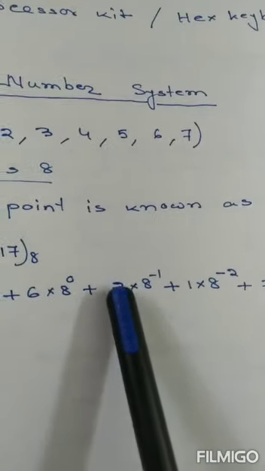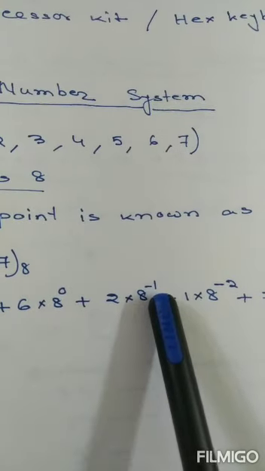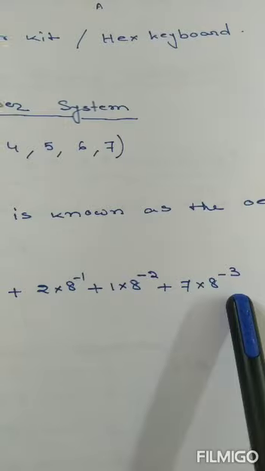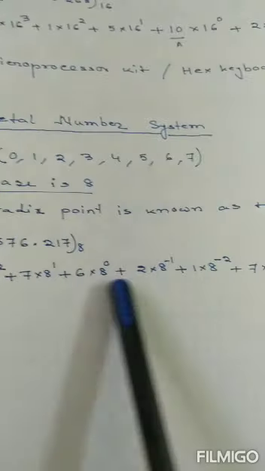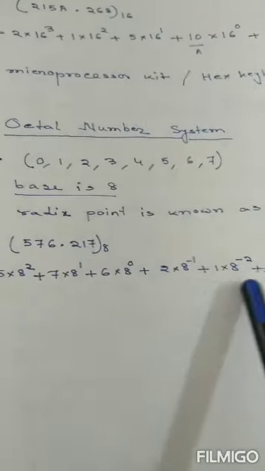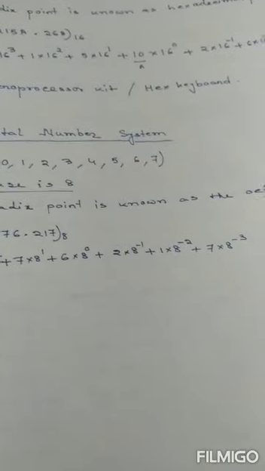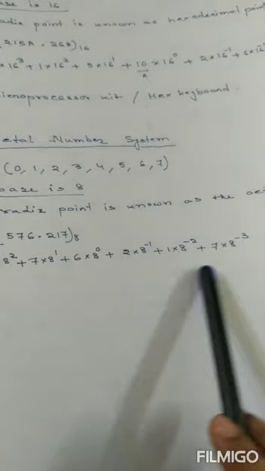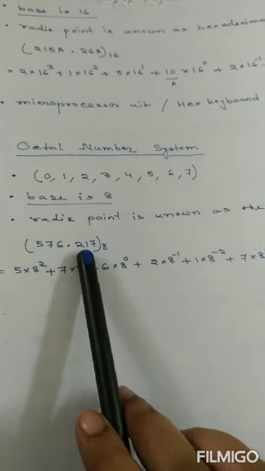So 2 into 8 to the power minus 1 plus 1 into 8 to the power minus 2 plus 7 into 8 to the power minus 3. This is the whole value, the representation of this octal number.